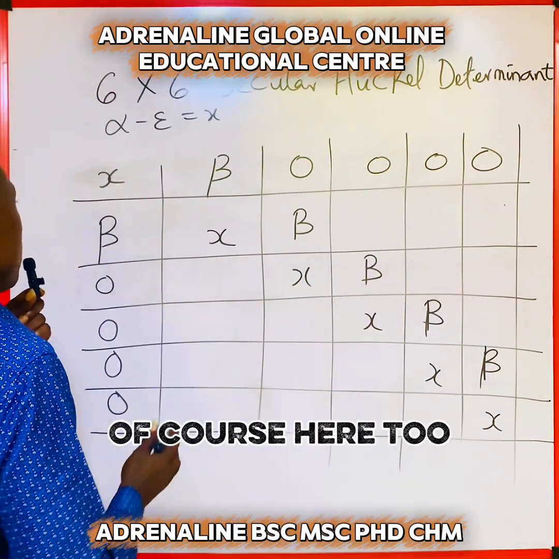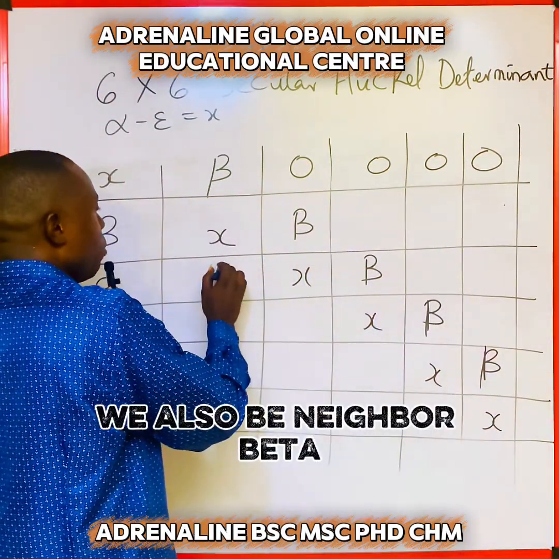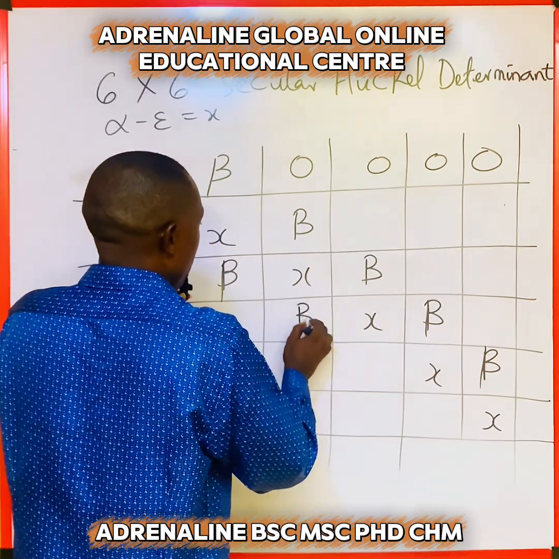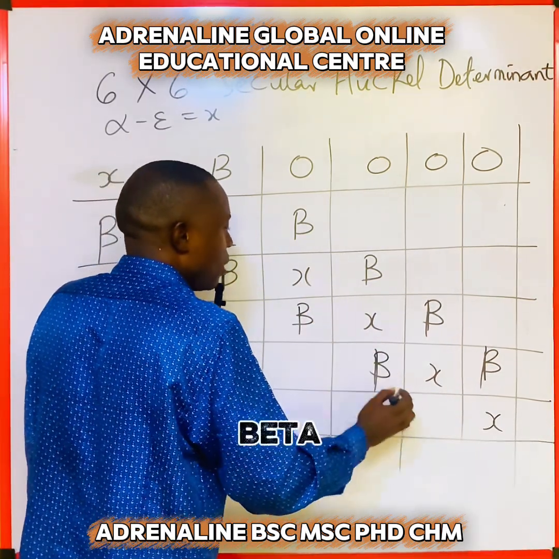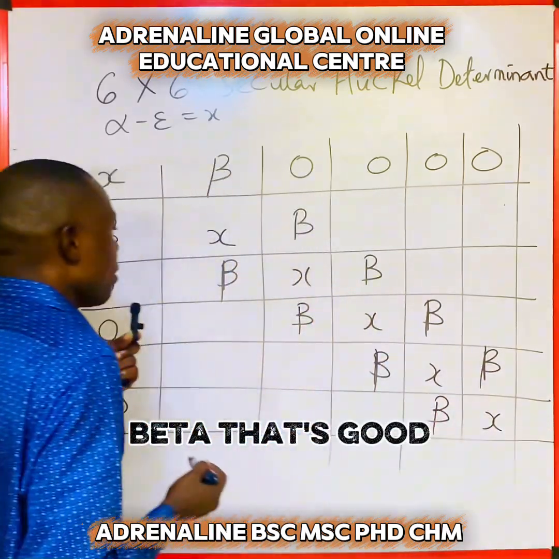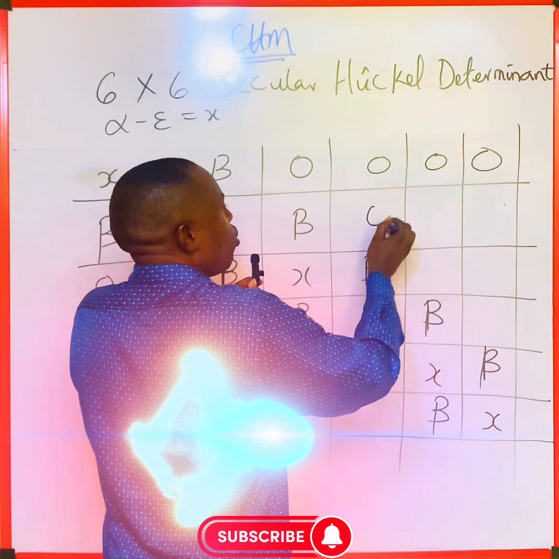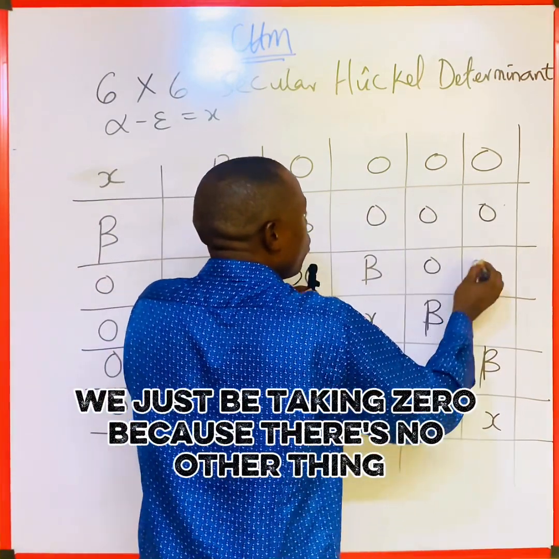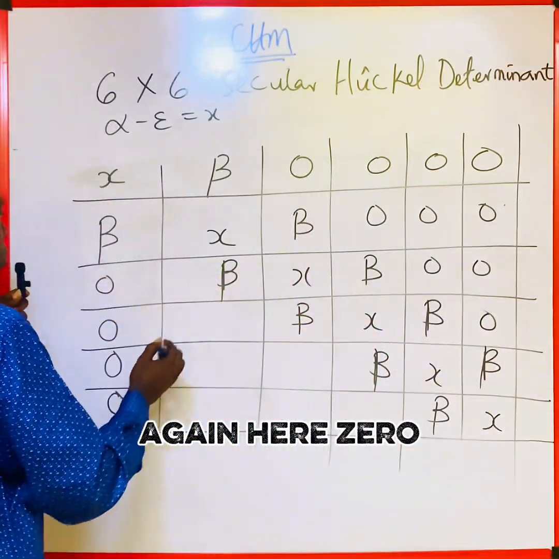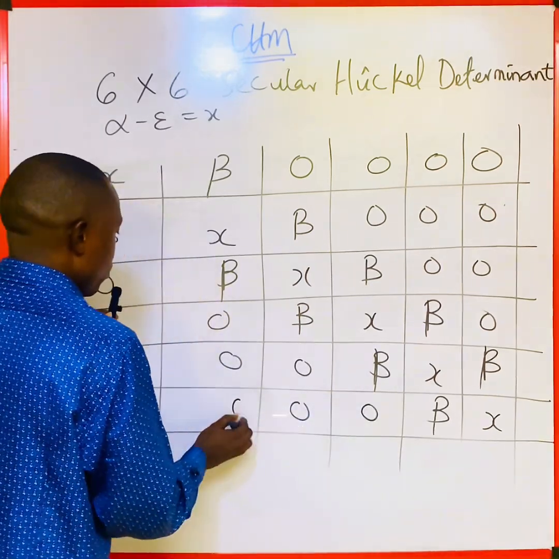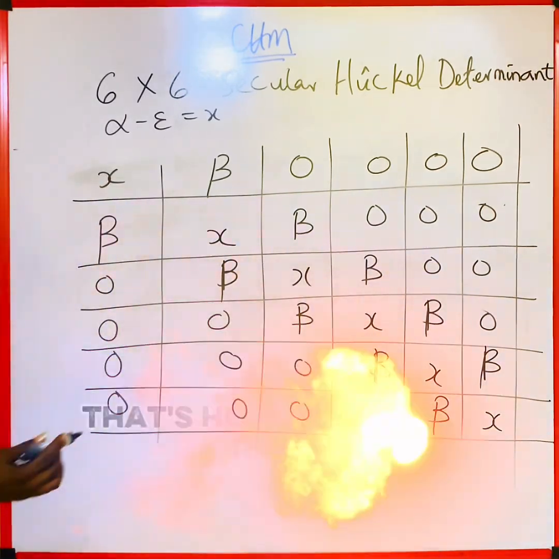Of course, here too will also be neighbor, beta, beta, beta, beta. That's good. Then all others here will just be 0 because there's no other thing again here. 0, 0, 0, 0, 0, 0. That's all. Finished. That's simple.